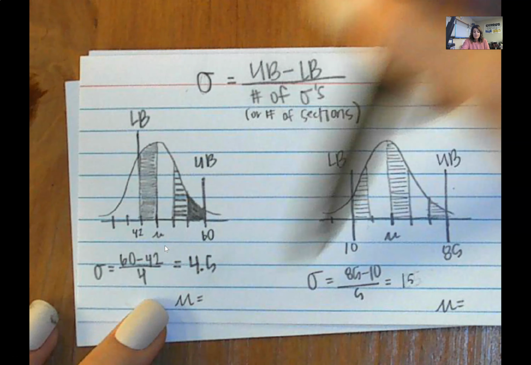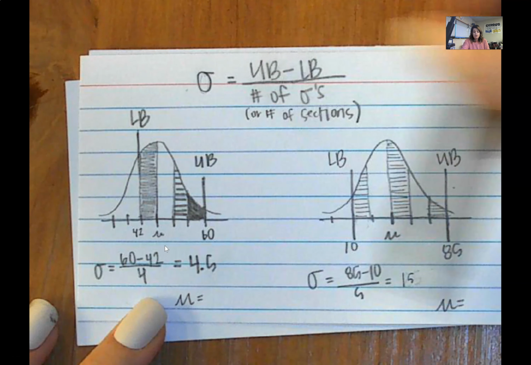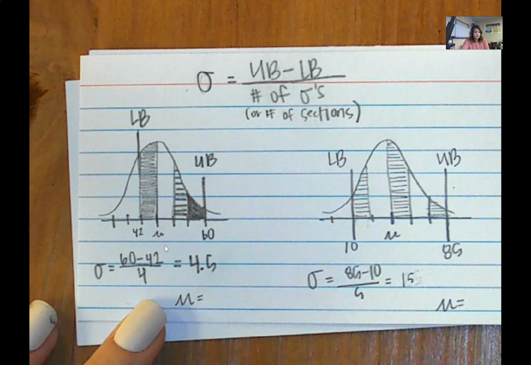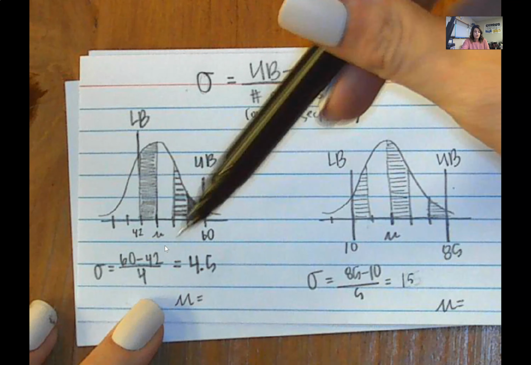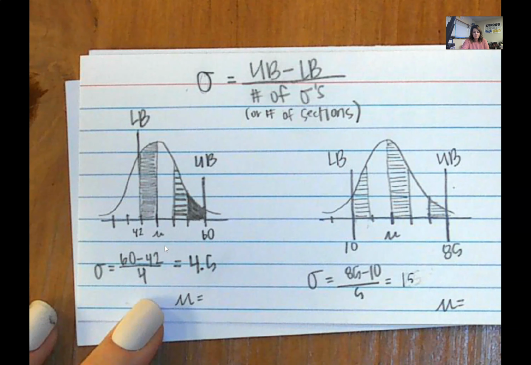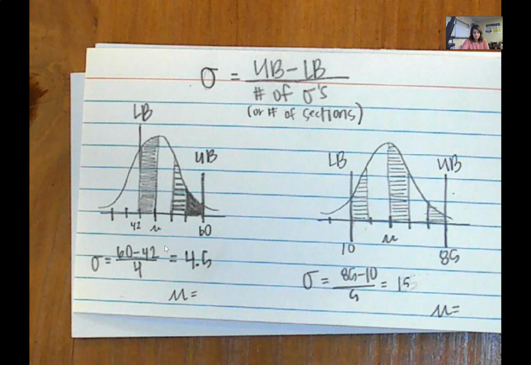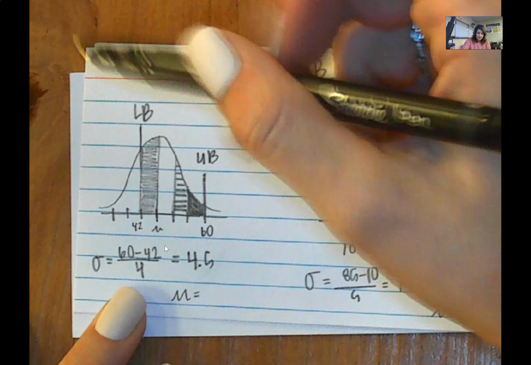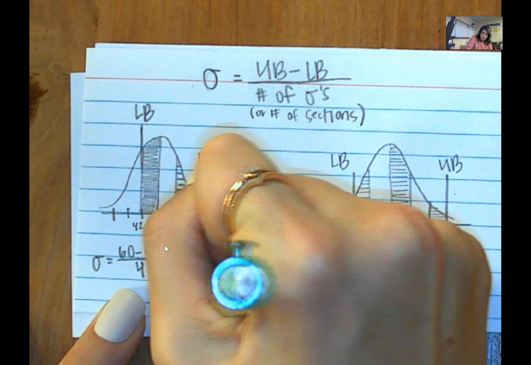Now that you have the standard deviation, see if you can figure out what the mean is, because you will have to do that on your test. Now that you know the standard deviation, how do you use that to find the mean? See if you can figure that out. So the mean for the left-hand one, I believe, is 46.5.